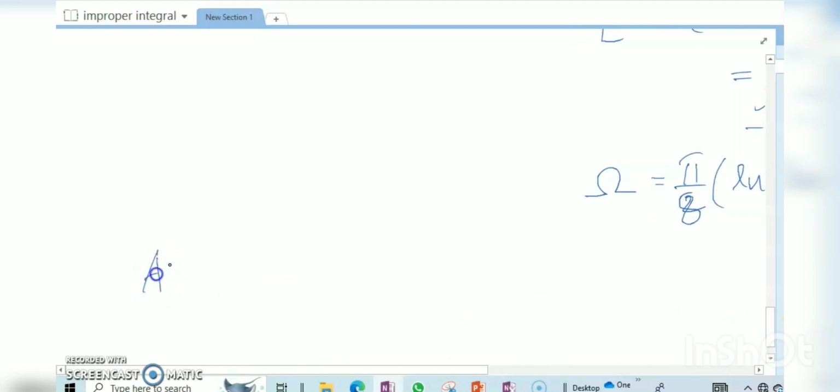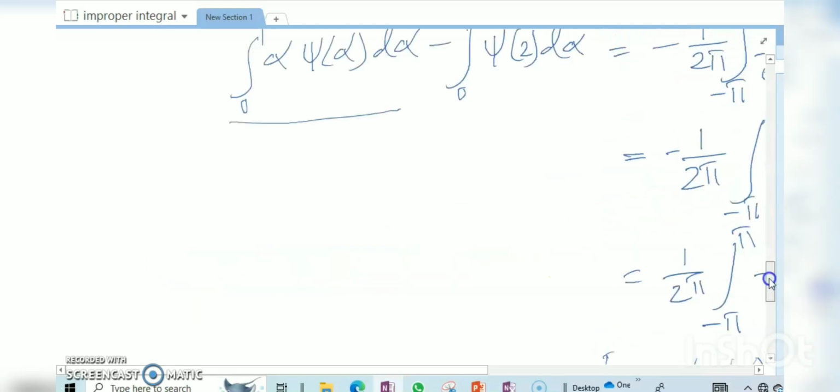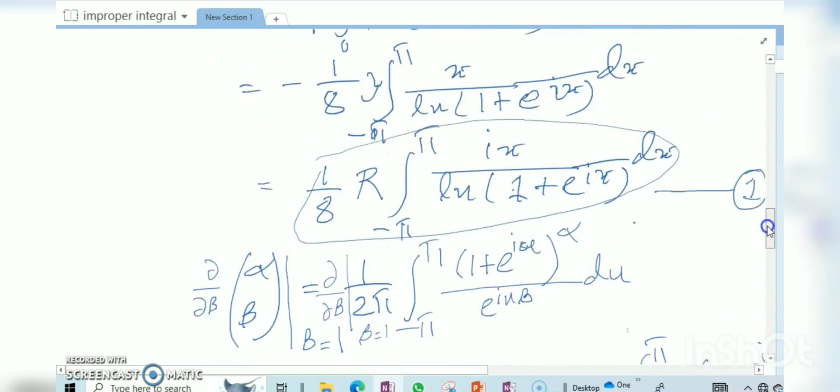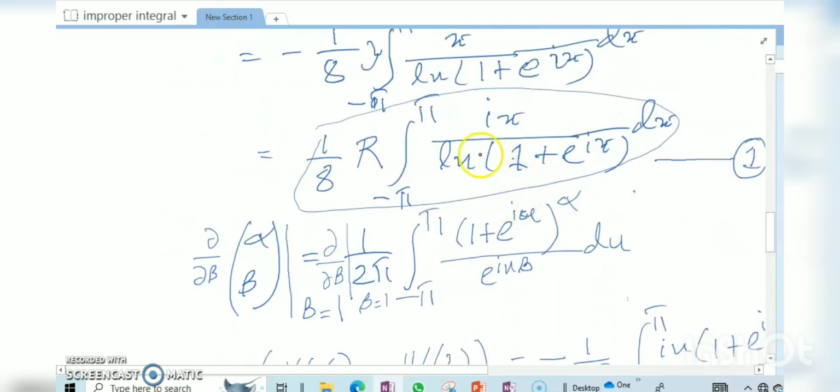Okay, this way we can get it. Another way, the second way, an alternative method. The alternative method is very easy, because you already know this integration value, ix divided by ln of e to the power ix. This value we have already known.